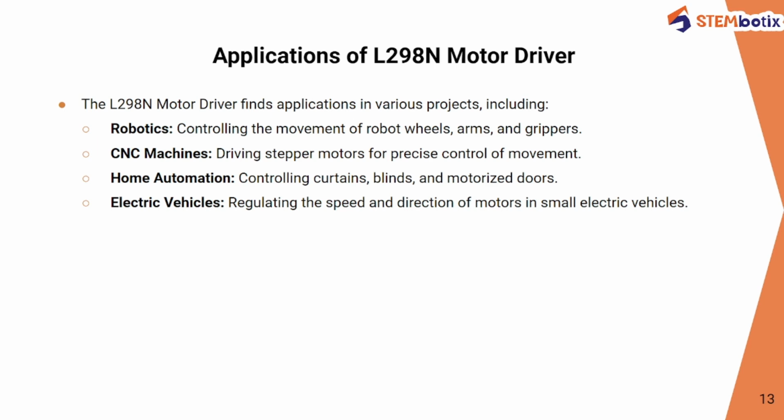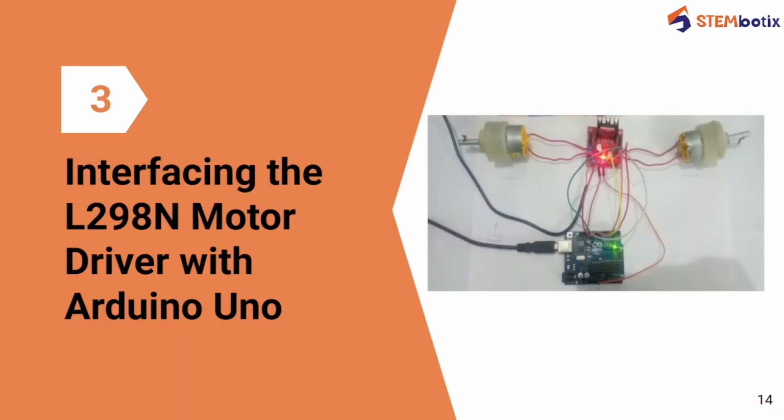In home automation, they are used to control curtains, blinds and motorized doors. And in electric vehicles, they are used to regulate the speed and direction of motors in small electric vehicles. So these are the application areas of the L298N motor driver.